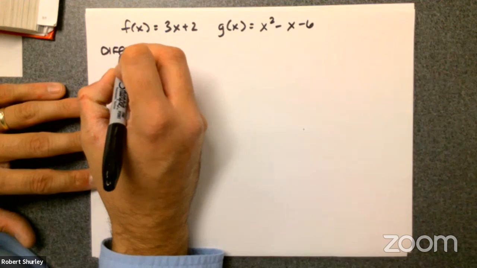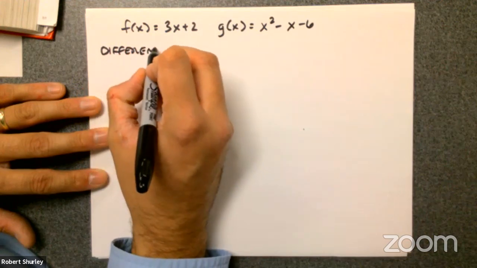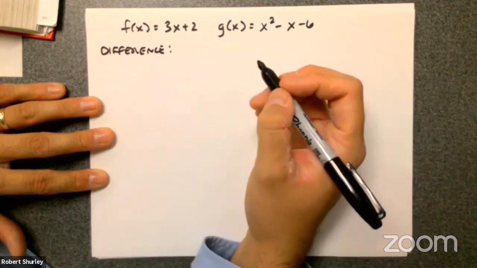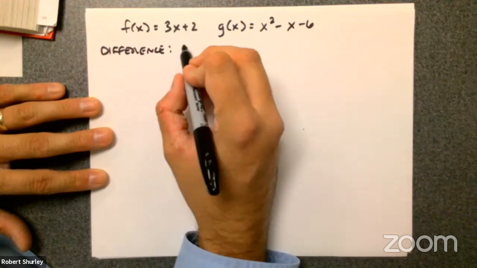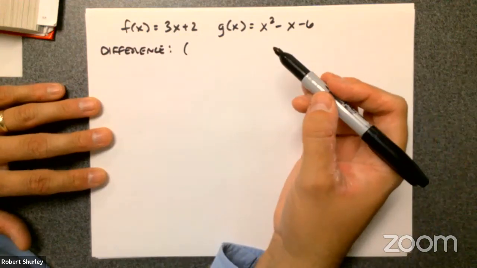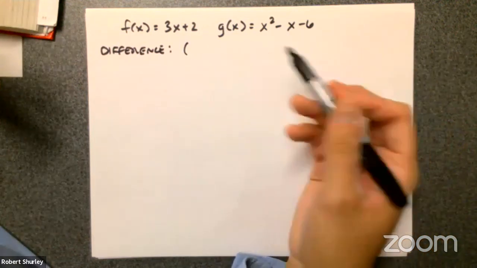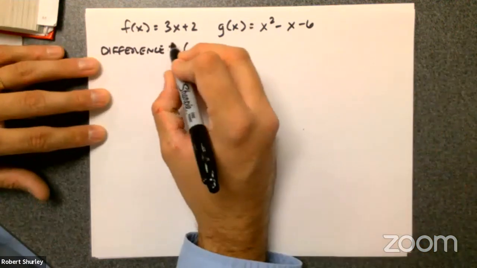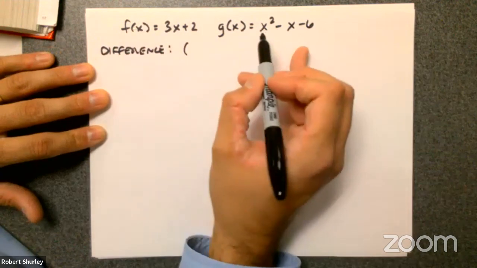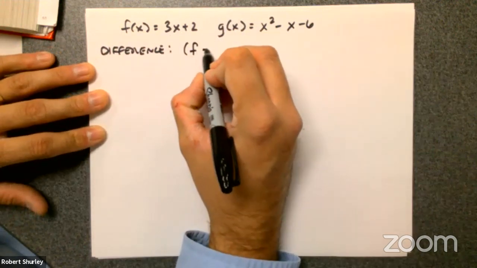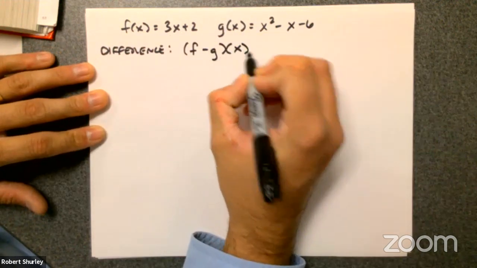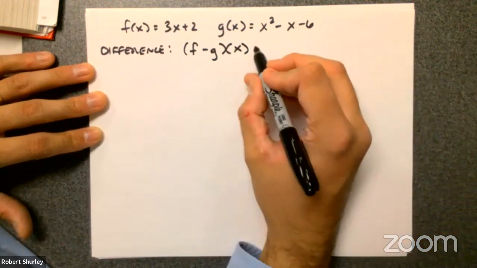So we've done the sum. Now for the difference, order matters, right? I mean, 5 minus 2 is not 2 minus 5. So we have to be careful on how we order these. So if we wanted to subtract g from f, we'd say f minus g of x, okay?